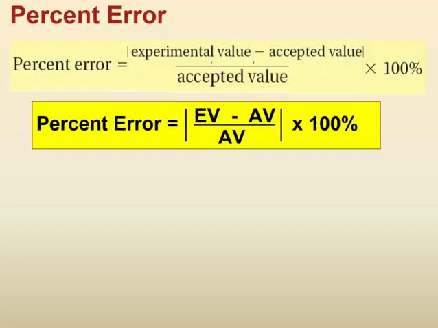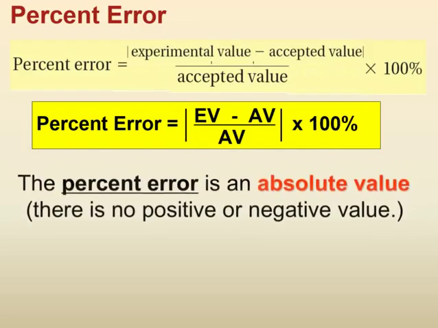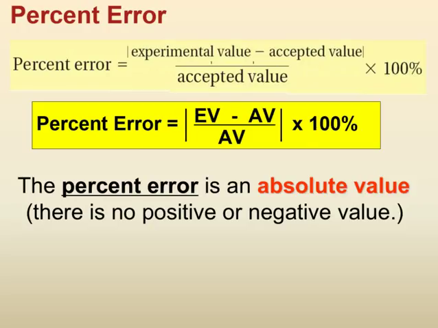Percent error, which is different than error. This gives you an understanding of how close you were to the accepted value in terms of percentage relative to the actual value you're comparing your error to. So the percent error is always an absolute value, which means it's always positive, never negative.